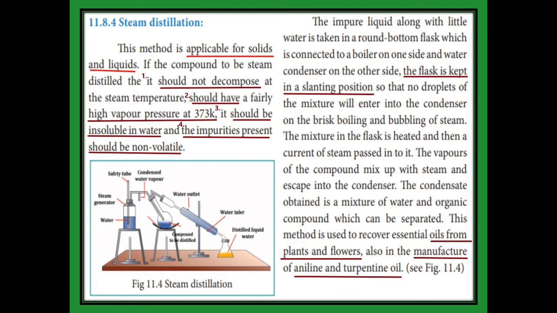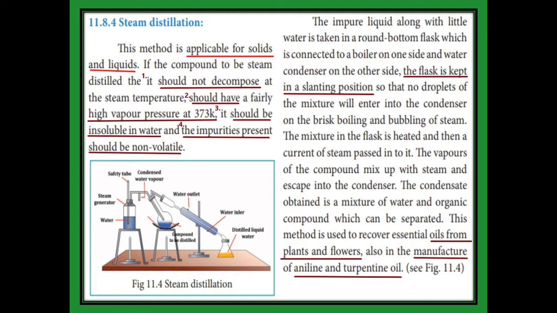If they are volatile, they go along with the organic compound to the condenser, and afterward in the reservoir we get the impurities with the organic compound. So impurities should be non-volatile. So we have four conditions for steam distillation.